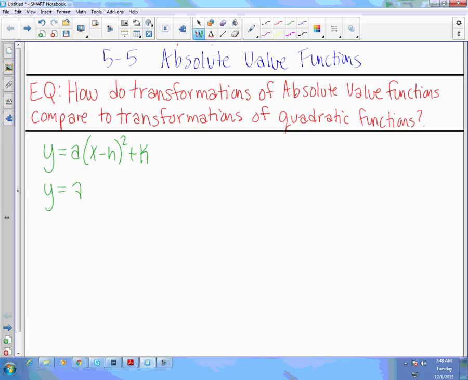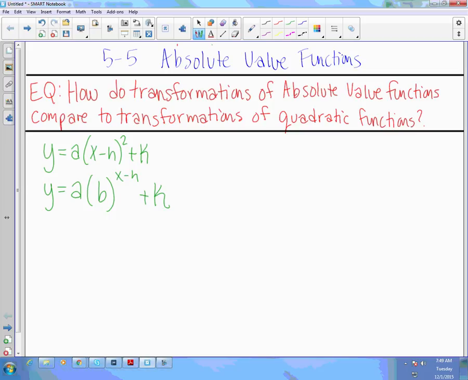Okay, there can still be a multiplier, a, on exponentials. Exponential needs a base raised to an exponent, and then if there's any plus outside, that would do the same type of shift as it would do with quadratic.